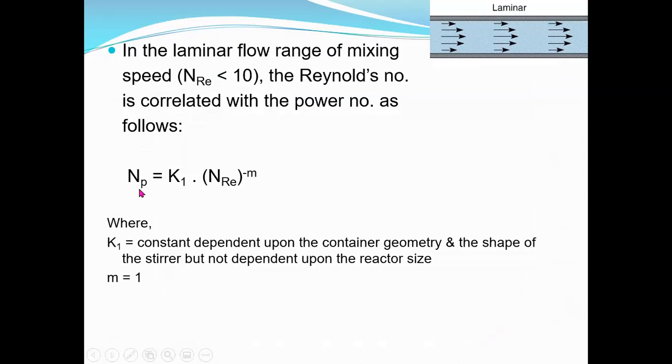The relation is Np, the power number, equal to K1 times the Reynolds number raised to the power minus m. K1 is a constant dependent on the container geometry and the shape of the stirrer, but not dependent on the reactor size, and m is equal to 1 in this case.